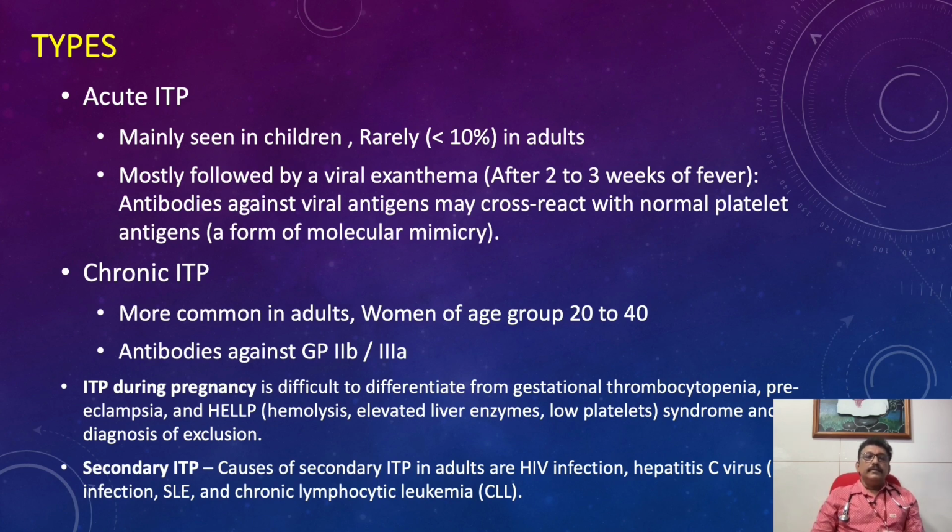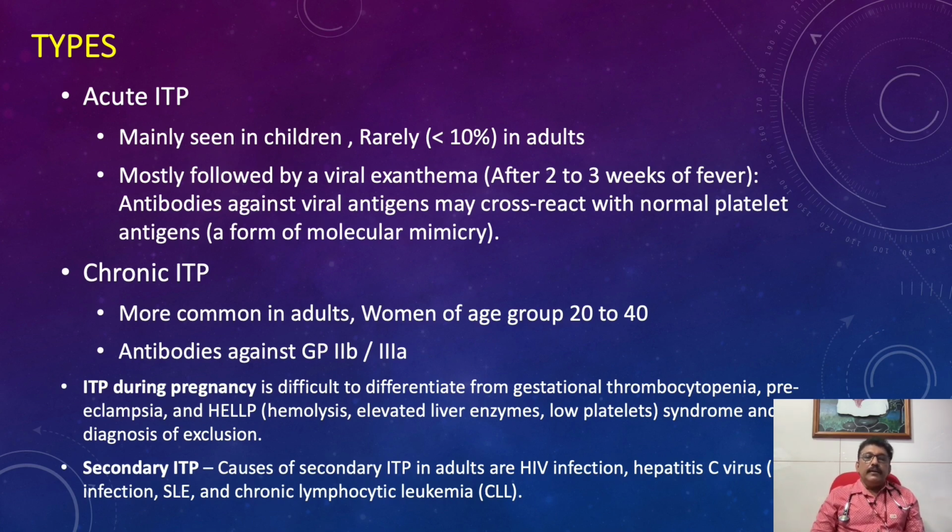The mechanism is called molecular mimicry. The antibodies produced against the organism cross react with the platelets and attach to them, and these attached platelets will be destroyed by the immune system.